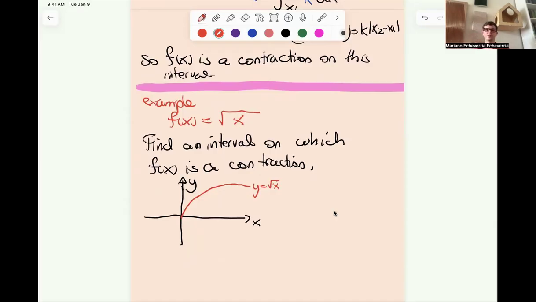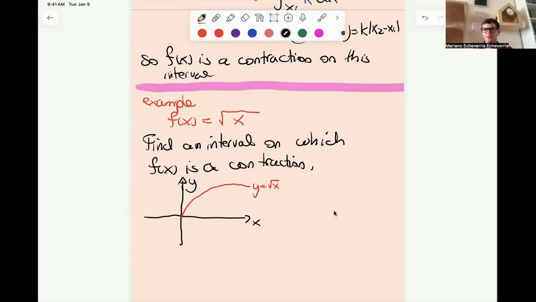So because of what we were saying, if you're trying to find an interval where the function is a contraction, you might as well look for an interval where the derivative of the function is always less than one by some fixed constant.